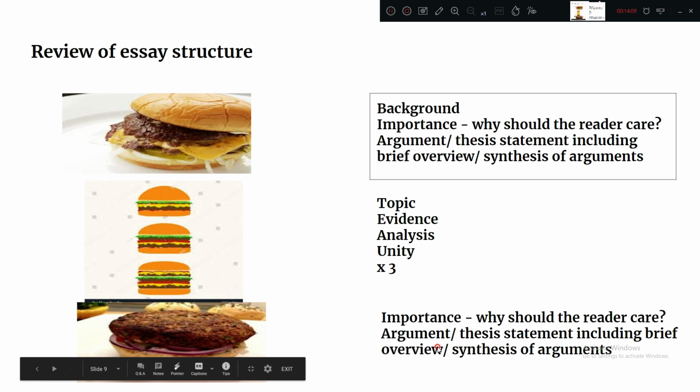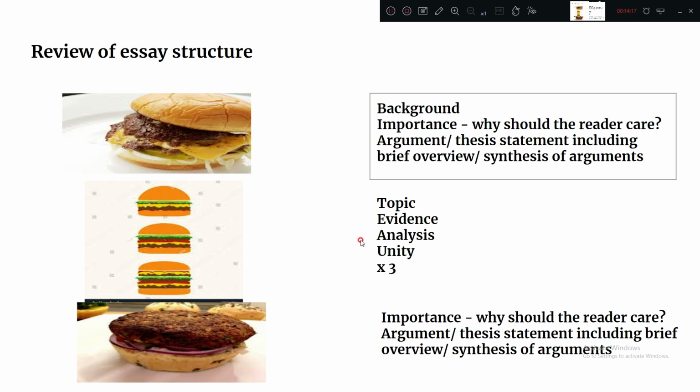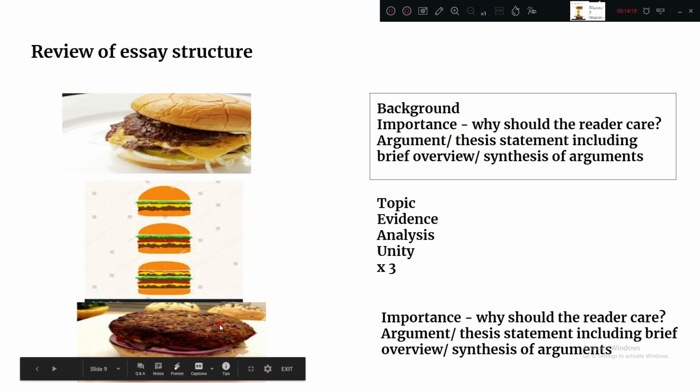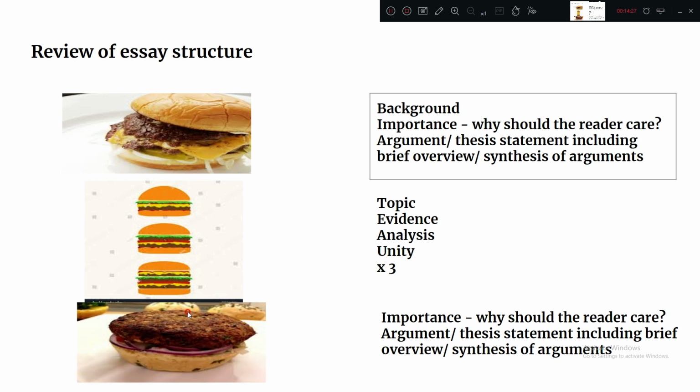So the point of this PowerPoint is really that here you have the background information, and then the rest of the burger, the content of the paragraph, is the same in the conclusion. We simply did not include the background information again. So in a way, it's a mirroring effect. In a way, it's another bookend effect.